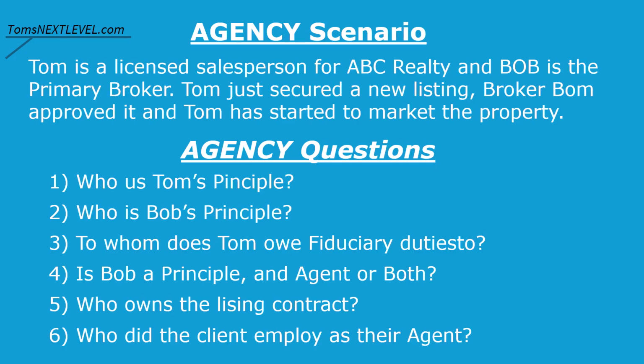Here's a question: is Bob a principal, an agent, or both in this scenario? Basic question you want to know for your career: who owns this listing? And final question is, who did the client employ to act as their agent?